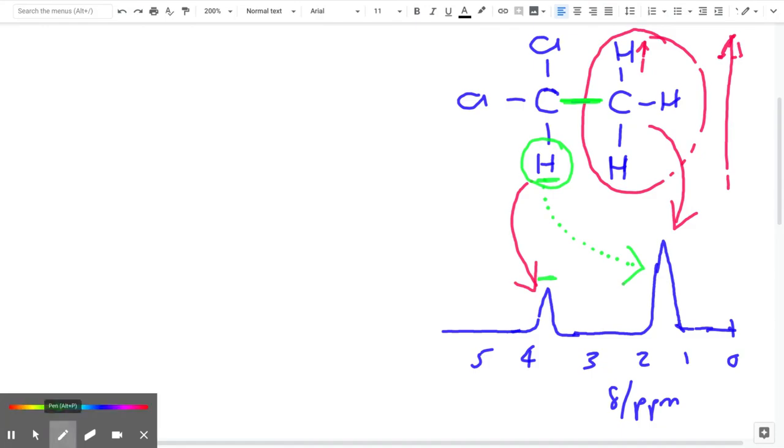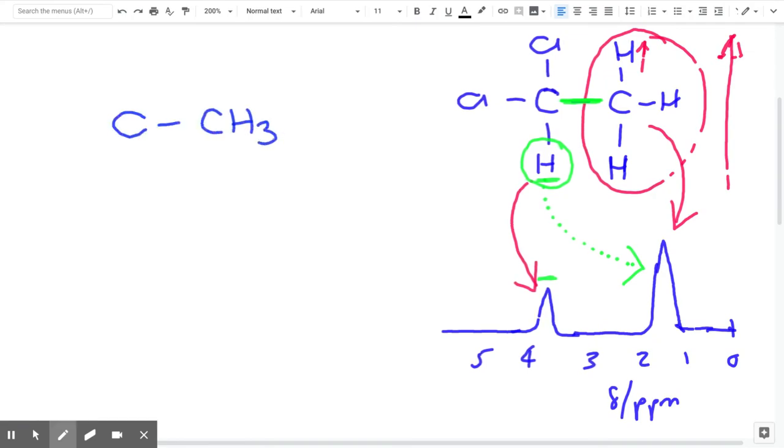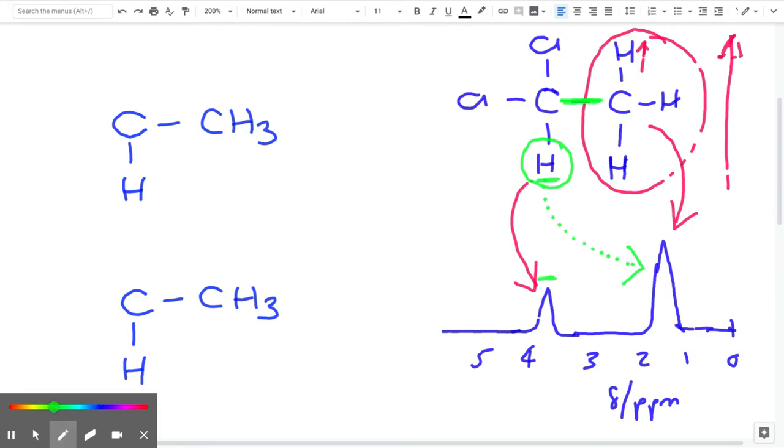So if we look at this molecule in a little bit more detail, and we just say that those CH3s are literally just a CH3 now, and we look at this specific proton, there are now actually two specific ways that this proton can exist. If you remember, what we were talking about before was the spin of the proton, like an electron, can align itself with the magnetic field, and all the examples we've done today have done that.